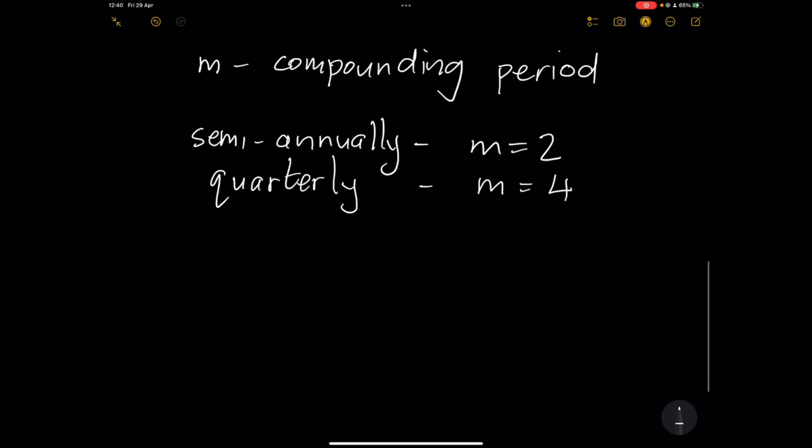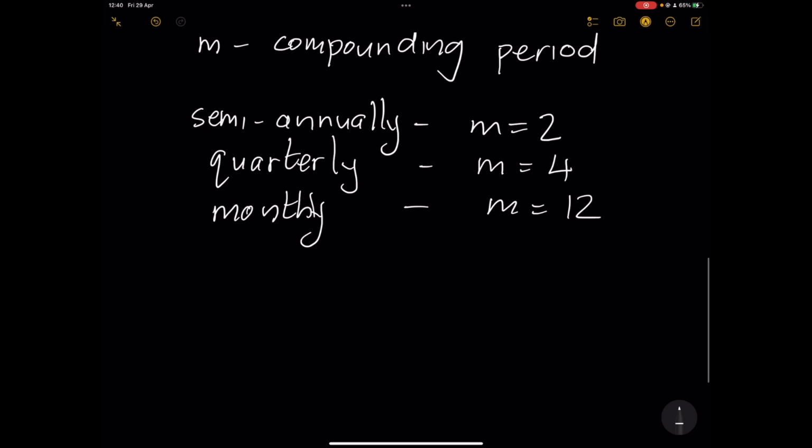Of course, we can have monthly. If it's monthly, then m is equal to 12. There are 12 months in a year.